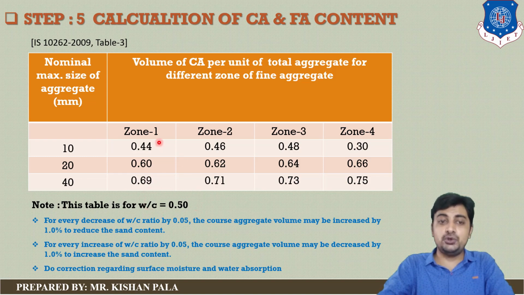In that case, you have to decrease the volume of coarse aggregate, so you take 0.43. And you also have to do the correction regarding the surface moisture and water absorption for the coarse aggregates and fine aggregates. So after this calculation, you have finalized the volume as well as the mass of the coarse aggregate and the fine aggregate in your concrete mass.